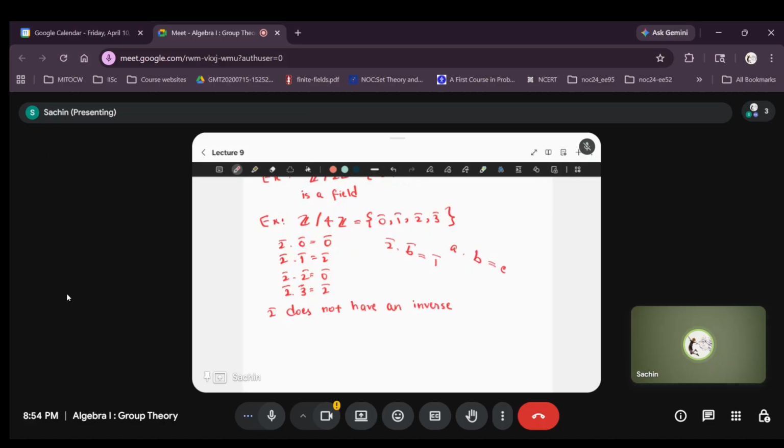And you can see that 2 bar times any of the elements is not 1 bar. So 2 bar has no inverse. A ring is a field only if all its non-zero elements have an inverse. So 2 bar is not the zero element, and 2 bar does not have an inverse. Z mod 4Z is not a field.